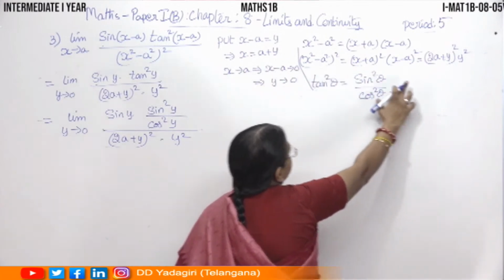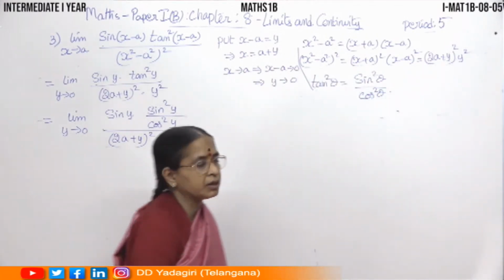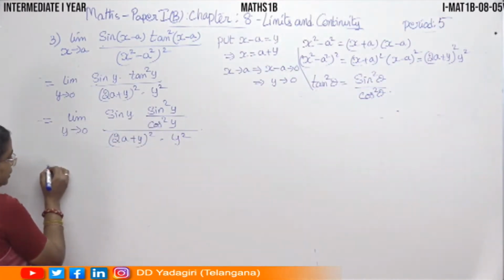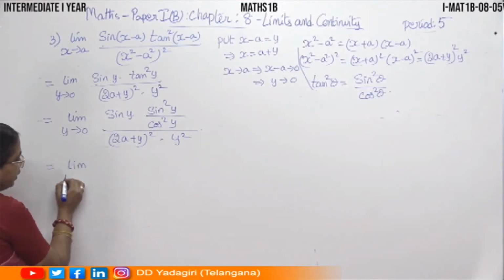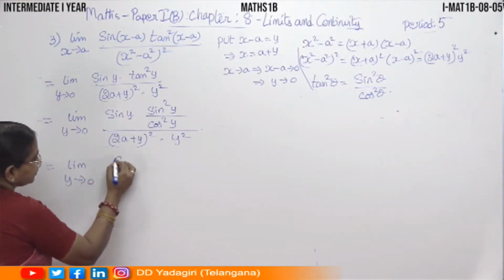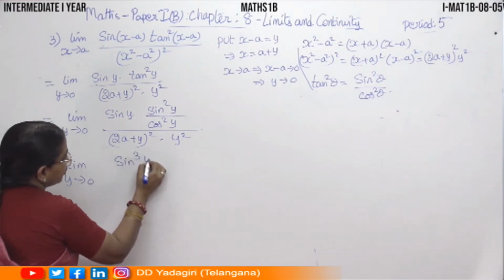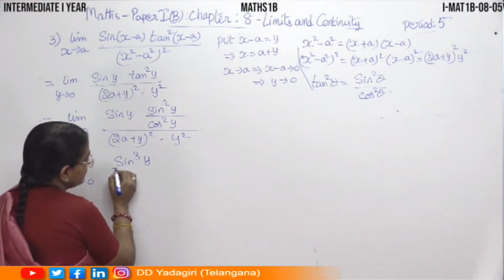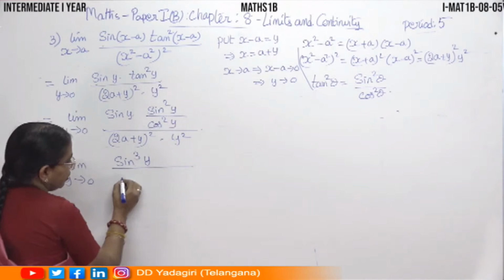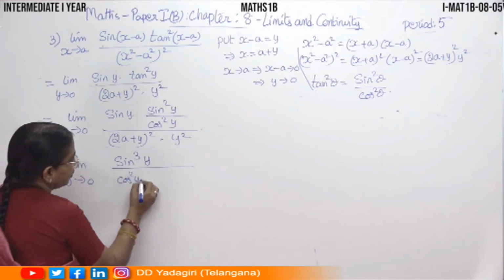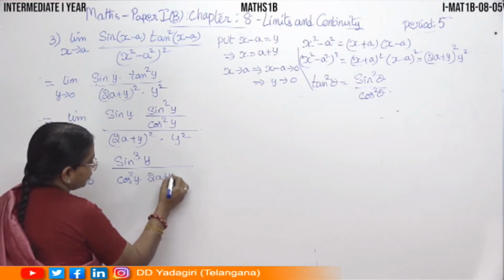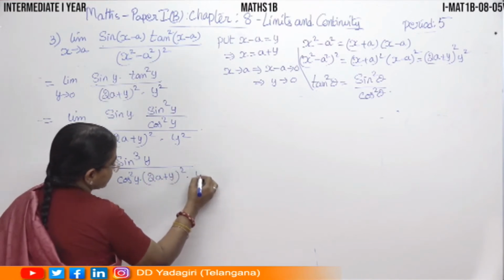X plus a is 2a + y. So it is equal to limit y tending to 0 of sin³ y by cos² y into (2a + y)² into y².